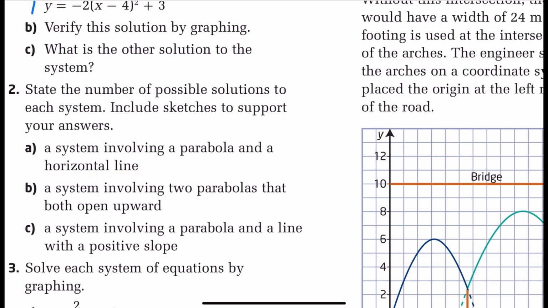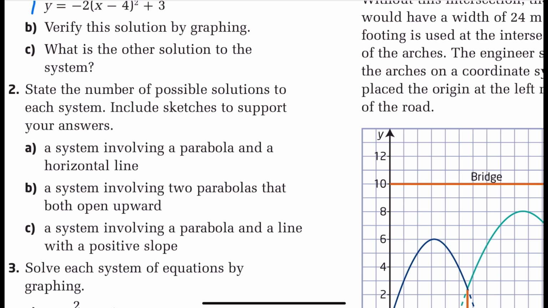Perfect. Next question. B is a system involving 2 parabolas that both open upward. The first one was just a simple parabola and a line. Question B is 2 parabolas. Same interpretation.